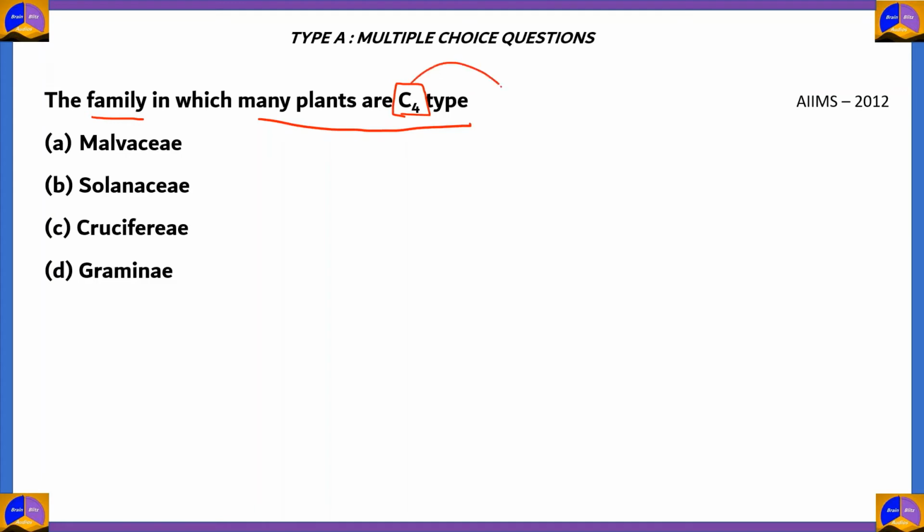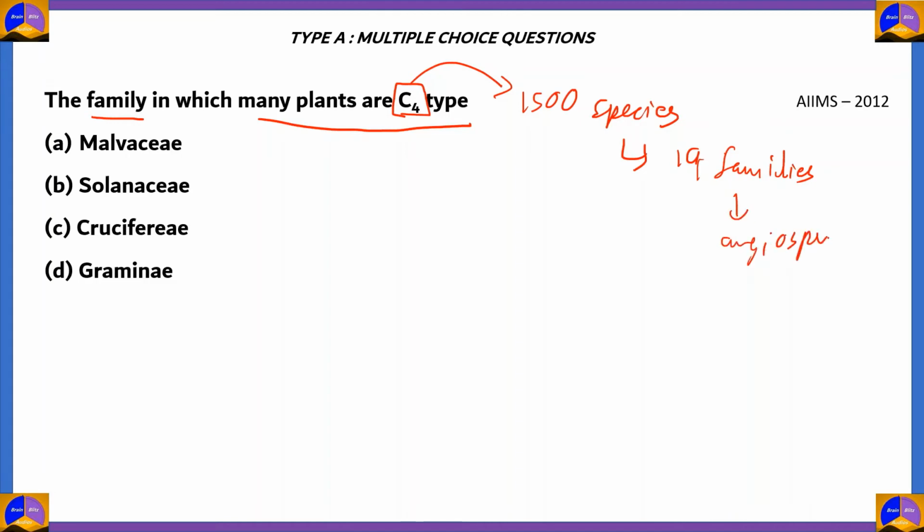Now, the important thing to note here is that the C4 pathway is found in about 1,500 species, which belong to 19 families, all of which are under angiosperms.